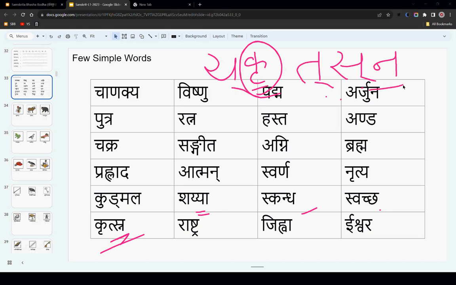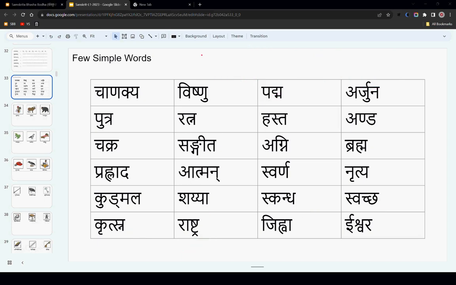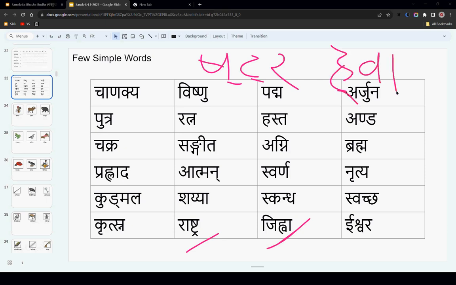Krutsna. Then there is Rashtra. Here there are also three letters. Sha, then ta, and then ra. Rashtra. Then here also Jihva. Ha first, and then there is Va. Jihva. Ishvara.